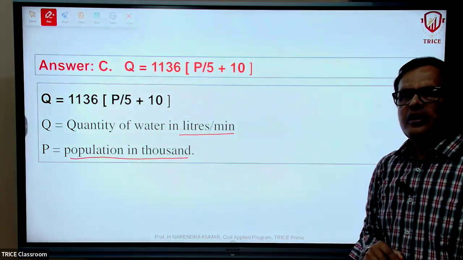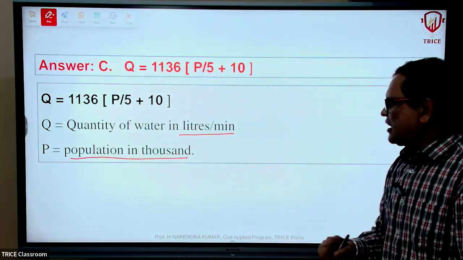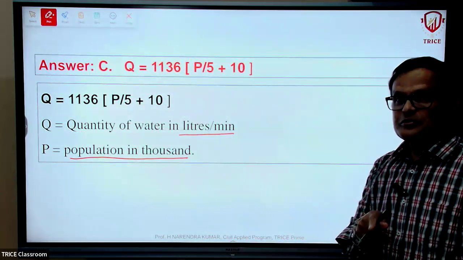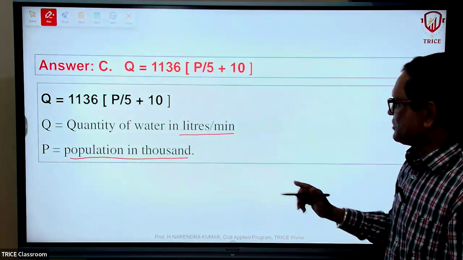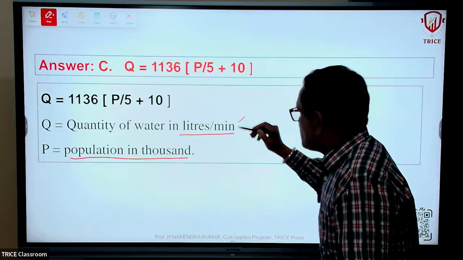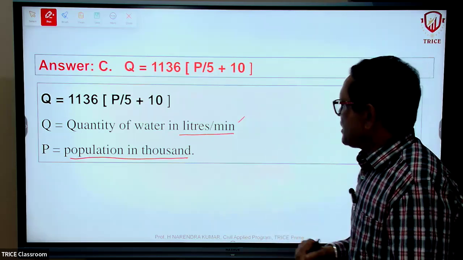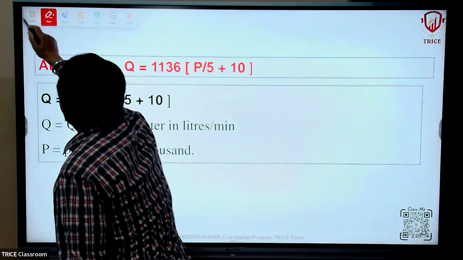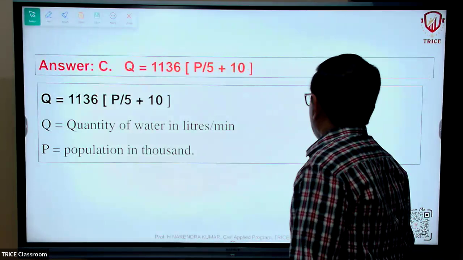For example, if the population is 1 lakh, what is that value in terms of 1000? 100. So you must be very careful in the substitution. First, convert the quantity in liters per minute and population in terms of 1000. And also remember the Freeman formula.